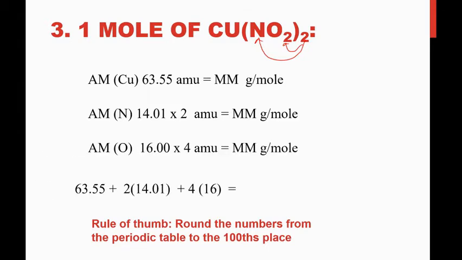When I add all of that together, 63.55 plus 2 times 14.01 plus 4 times 16, that's going to give me an overall molar mass of 155.5 grams per mole. Again, a rule of thumb for this class, round your numbers from the periodic table to the hundredths place.